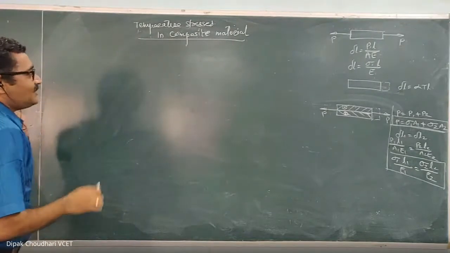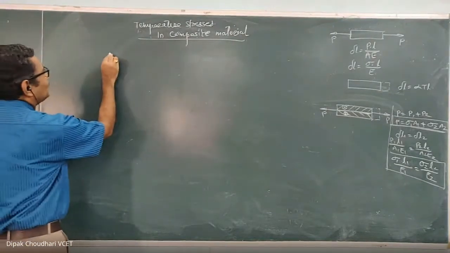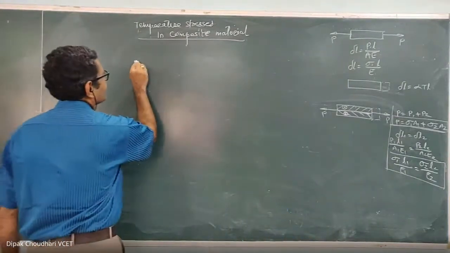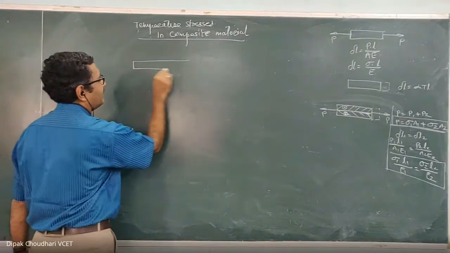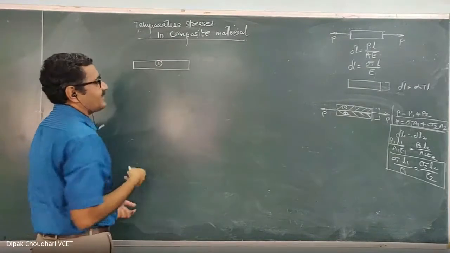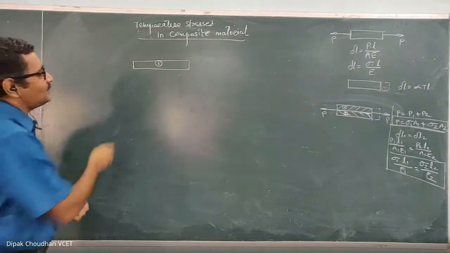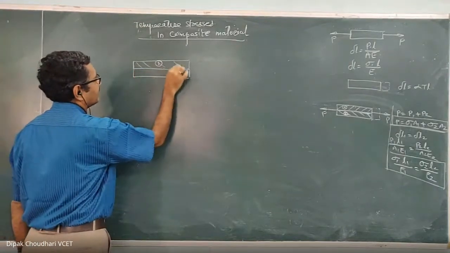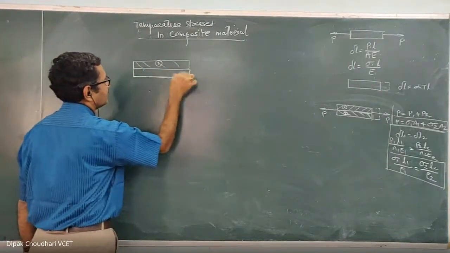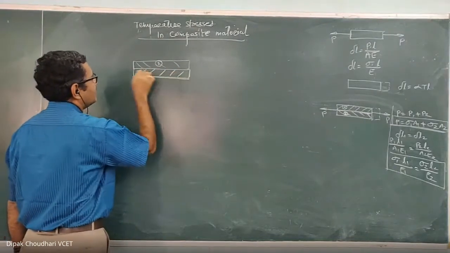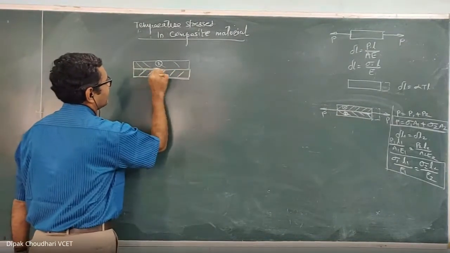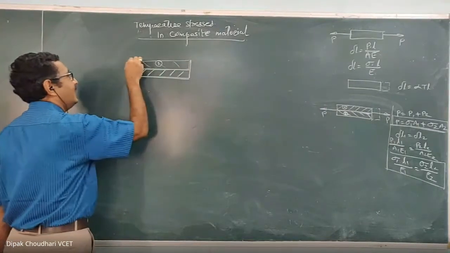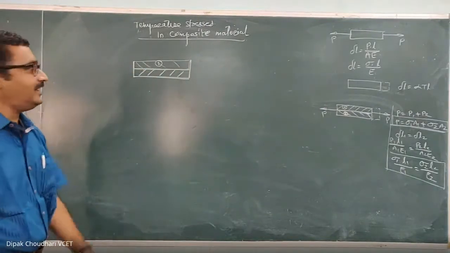Okay. Now let's consider, suppose these are the two different materials, very important theory. Just remember, suppose these are the two different materials. This is one material, and instead of denoting it as steel, aluminum, or something, I use the suffixes 1 and 2. And this is the other material. These two materials are rigidly connected along the length, or sometimes we can use another material or plate to rigidly connect them at the end.